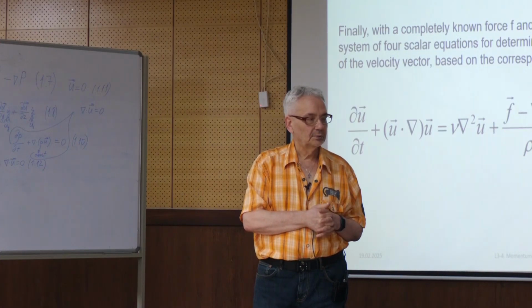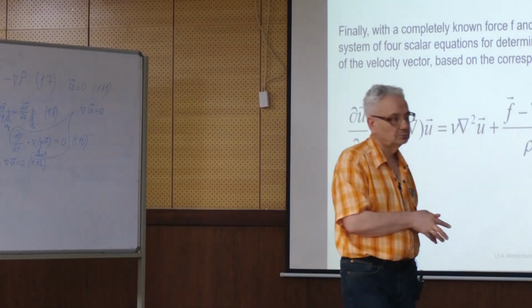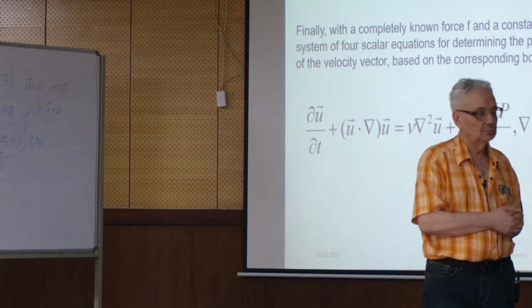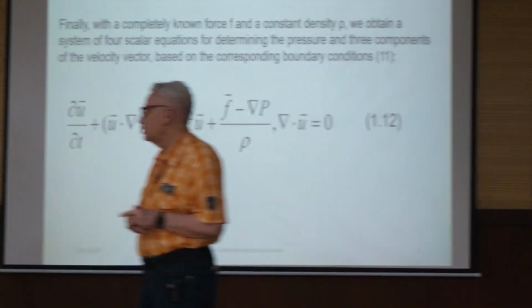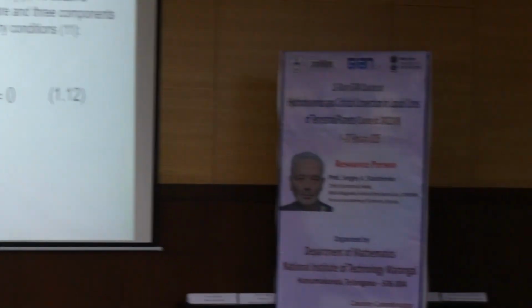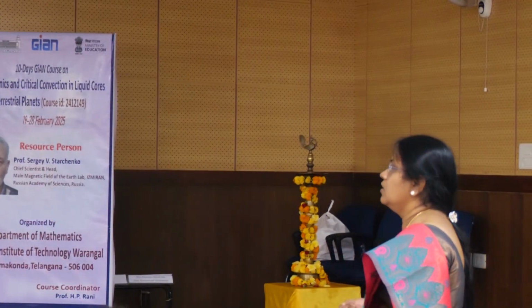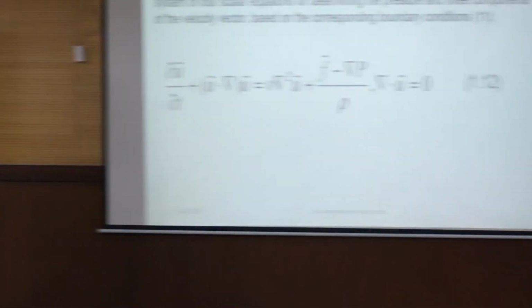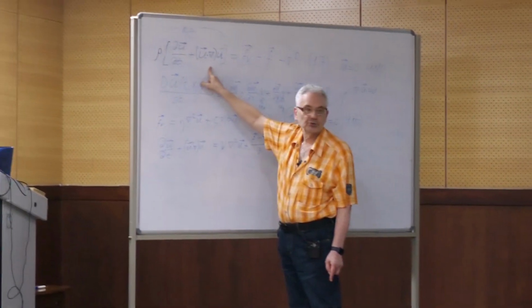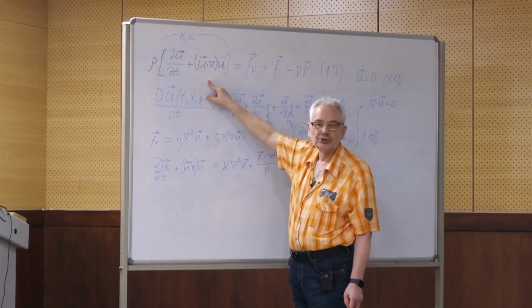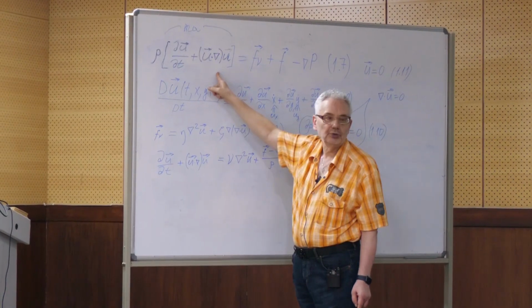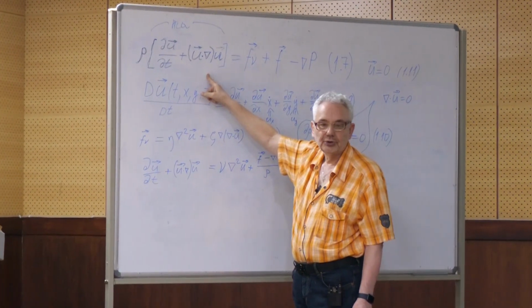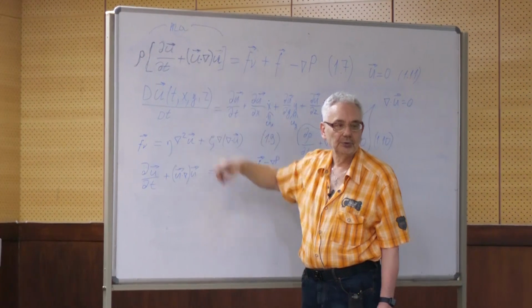Where is the turbulence coming from? Which terms give the turbulence? Turbulence is given directly by this source. This source is the source of the problem. It's non-linearity, and turbulence also comes from here, because usually people even name it the Reynolds stress term. So it's exactly from here that turbulence comes.